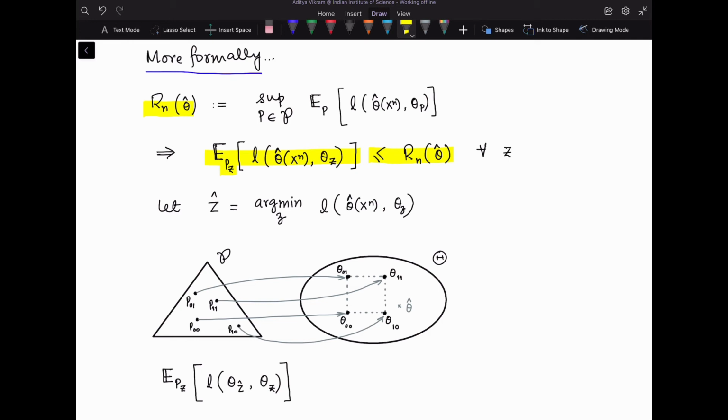Okay, so once you have an estimator, given n samples, you can compute theta hat of X^n and then output the closest z hat, right?